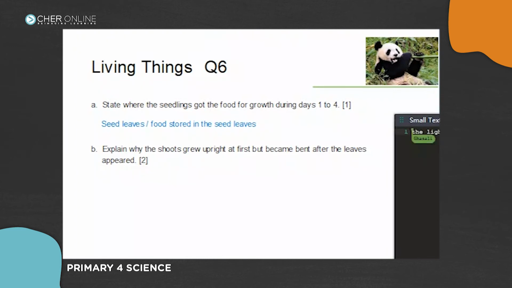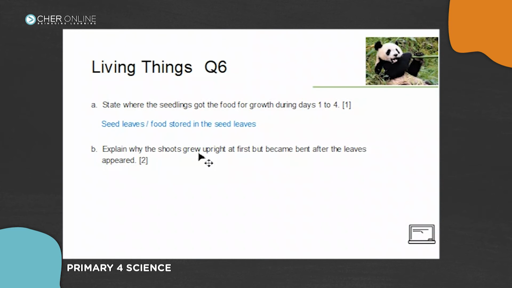Not the light source, because it does not have its own leaf to make food yet, so it cannot trap light yet. Roots, no. They don't get food from nutrients. They get the food from the seed leaves. Seed only needs warmth. It doesn't make its own food. Yes, so it gets its food from the seed leaves.